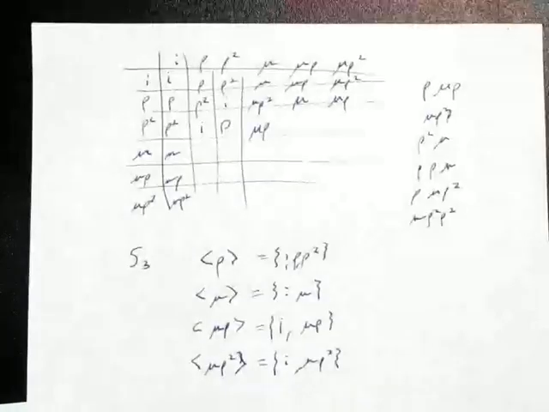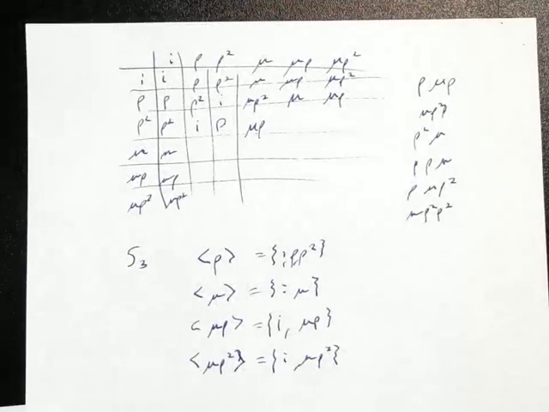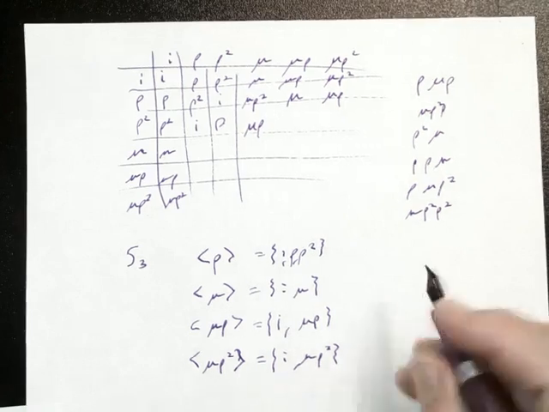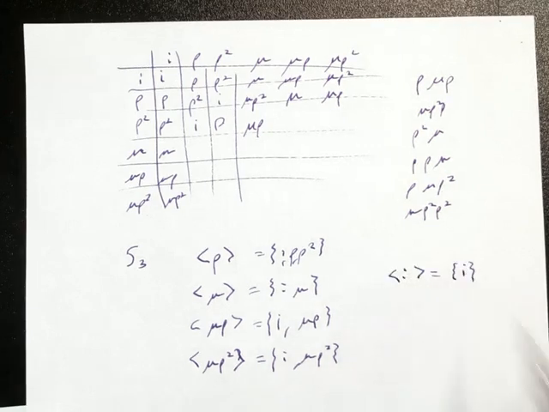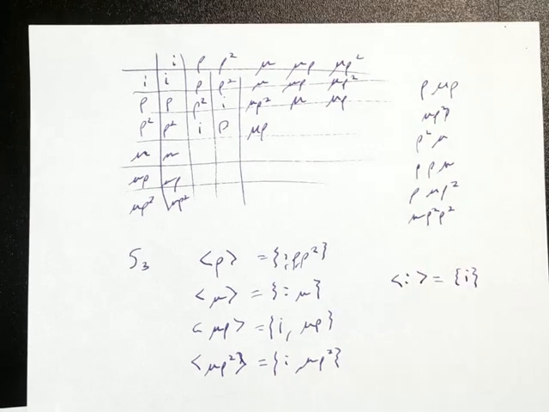Why do I know those are the only possible subgroups here? Oh, sorry, there's one other subgroup, and that's the boring one. Just the identity. Those are the only proper subgroups.